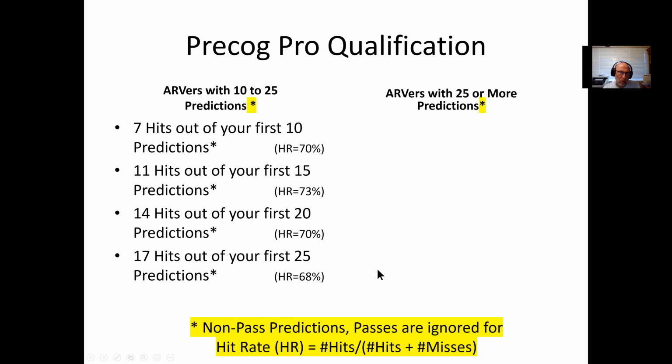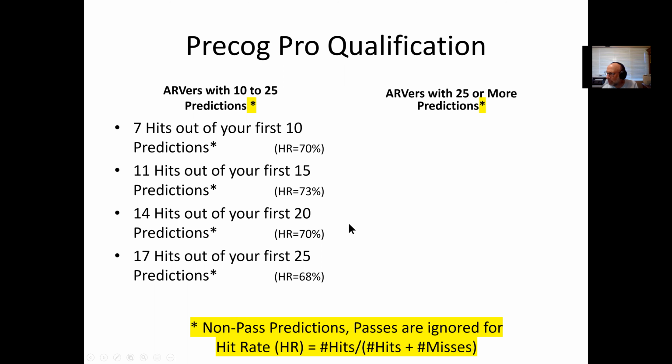Notice these are all close to that 72% level. The idea here is newbies: there's a combination of beginning luck, plus you're just a newbie. We expect you might even dip after you get in, but then we expect you to learn and get better and better.